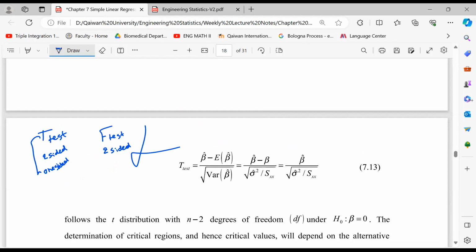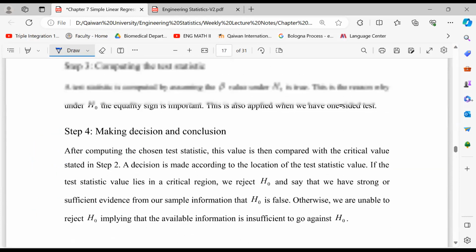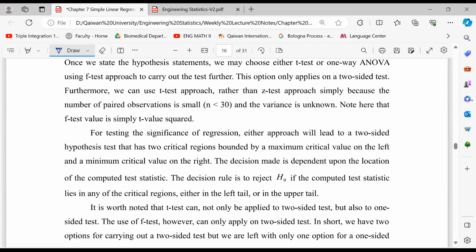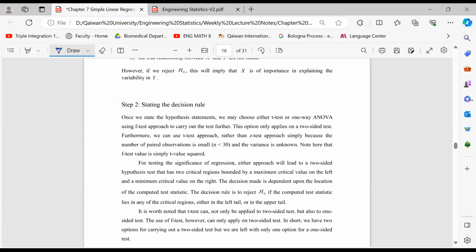Now let's talk about both of them. You should know them both if it's two-sided. In the exam, it may ask for using a specific method. If it is two-sided and it's asking for the f-test, you must use the f-test. What if it's asking for the t-test? You must use the t-test.